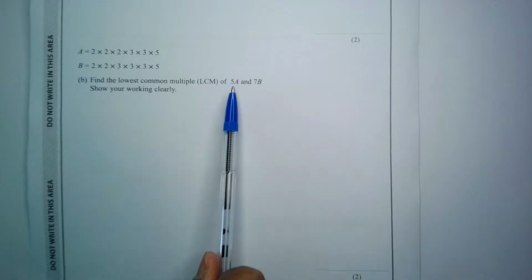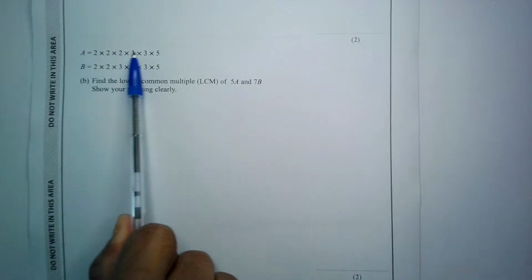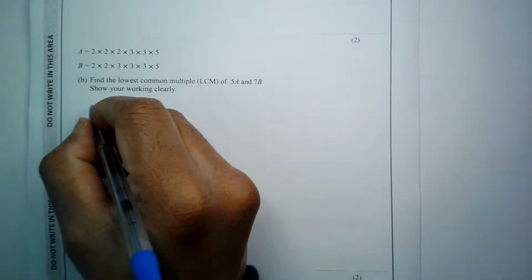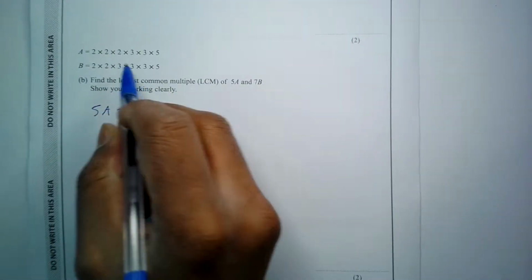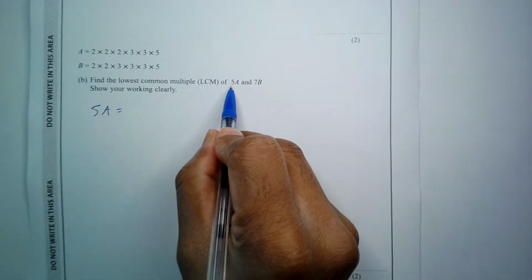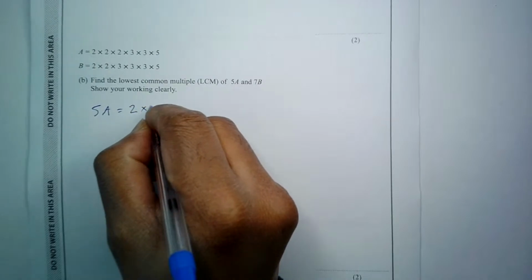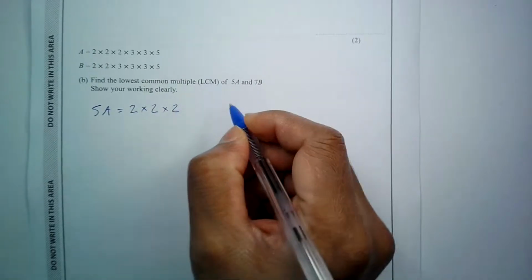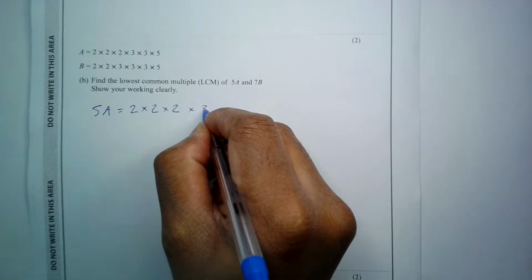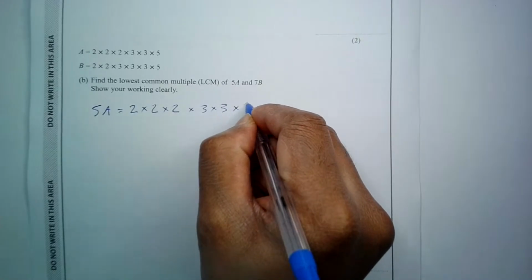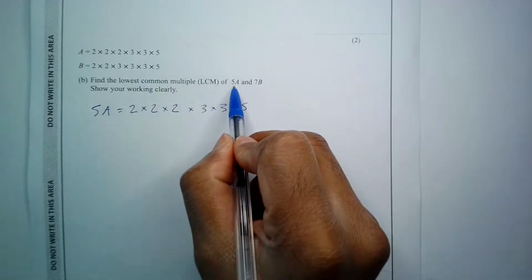So what I'm going to do for this question is, it's saying 5A, I'm going to multiply this by 5. So 5A is going to be all of this times by 5. So 2 times 2 times 2 times 3 times 3 times 5, and then I've got another 5 here.